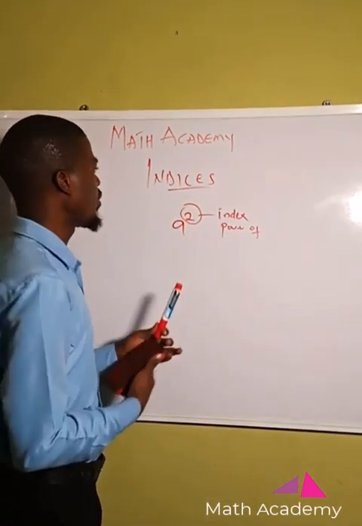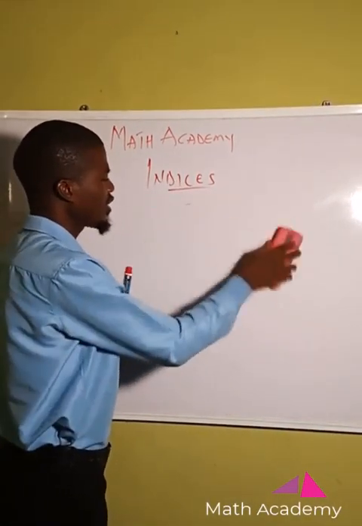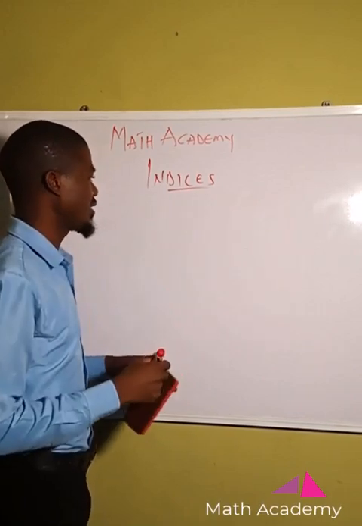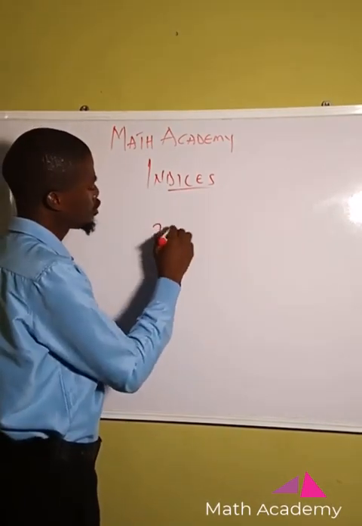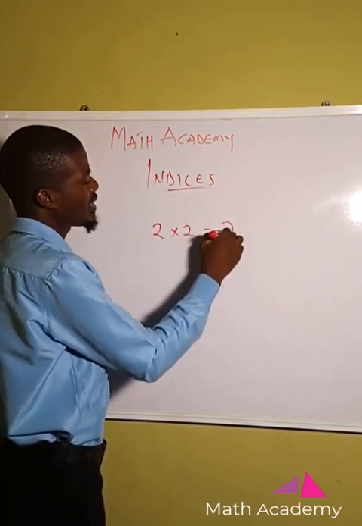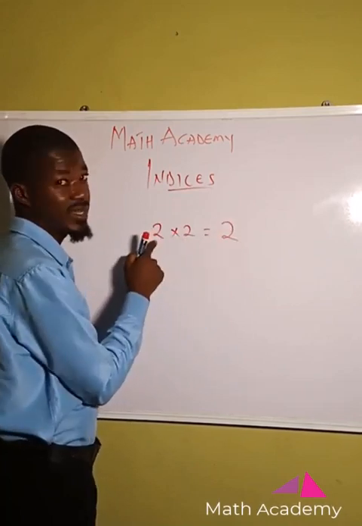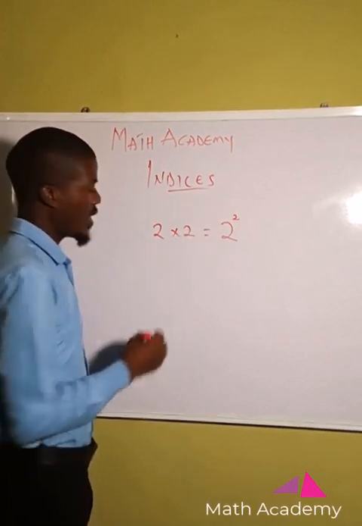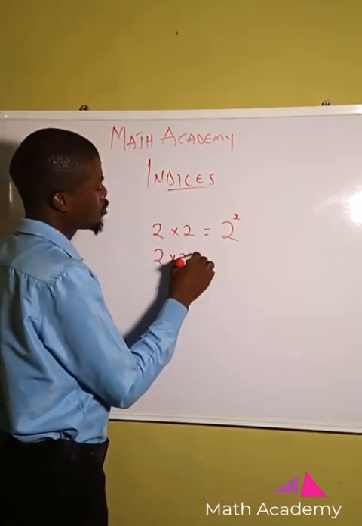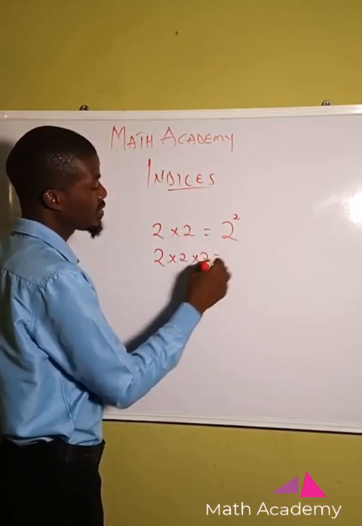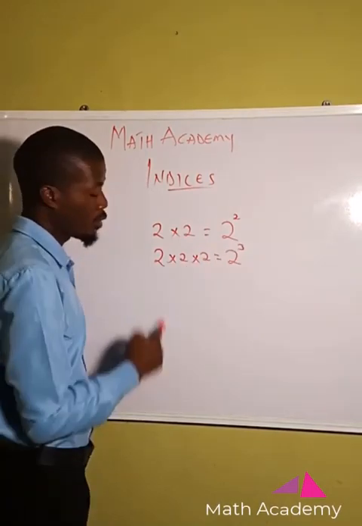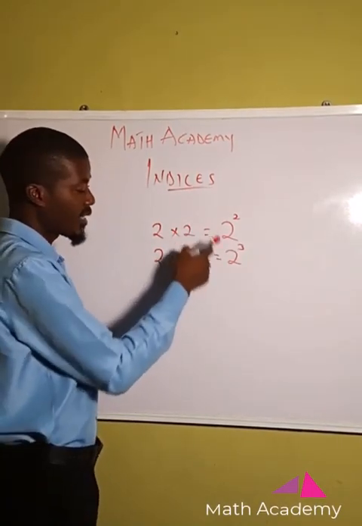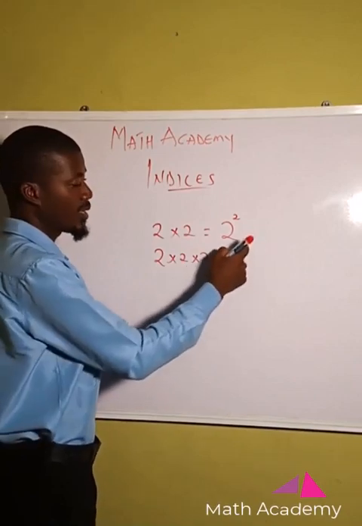In our previous class, when we explained exponents, we said if we have something like 2 times 2, we can replace it with 2 raised to power 2, because it is the same base repeated twice. If we have 2 times 2 times 2, this is 2 in 3 places, so we can say 2 raised to power 3, because 2 times 2 gives us 4, 4 times 2 gives us 8, so 2 raised to power 3 equals 8.